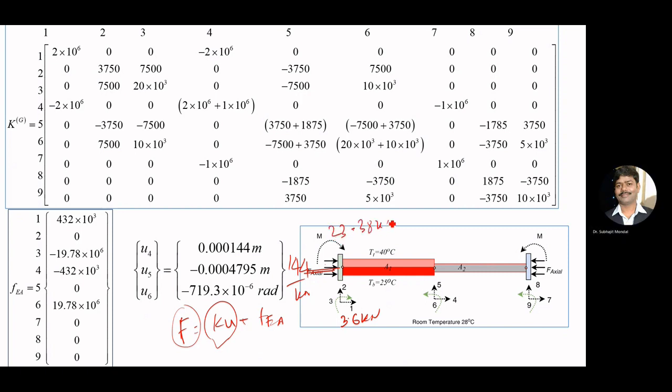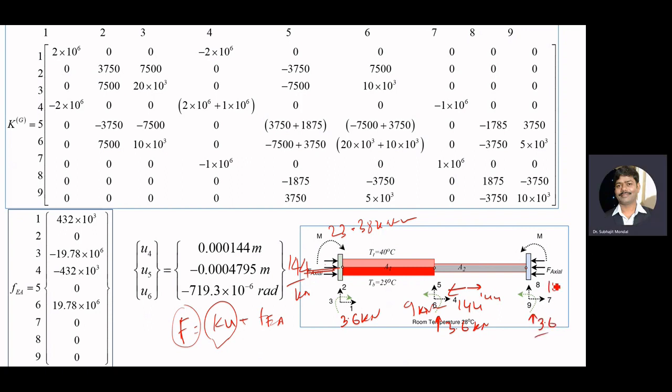Here also 6 kilonewton. So here we have vertical force equal to 6, and axial force.